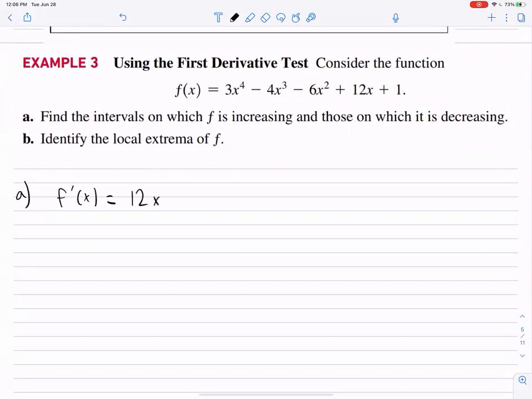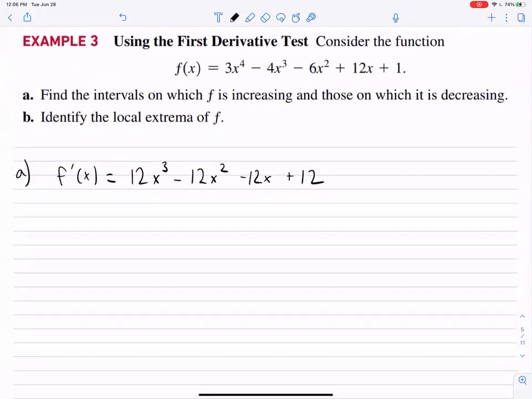It would be 12x cubed minus 12x squared minus 12x plus 12. And so in order to factor this, we'll factor by grouping. So these first two, you can pull out a 12x squared. And what are you left with? You're left with x minus 1. And then if we pull out a minus 12, here you get x minus 1.